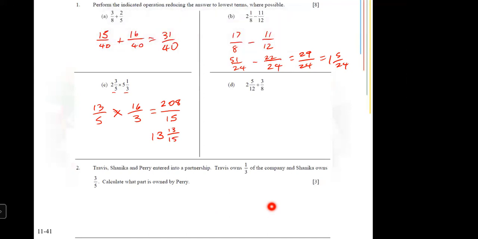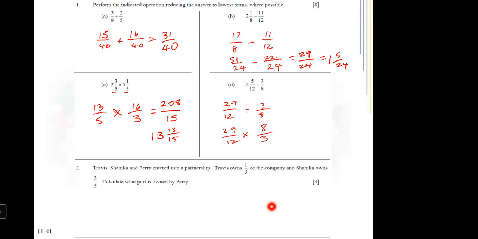The next one, again, division. You have to convert mixed numbers to improper fractions. That's going to be 29 over 12 divided by 3 over 8. Then you rewrite it, 29 over 12 times 8 over 3.